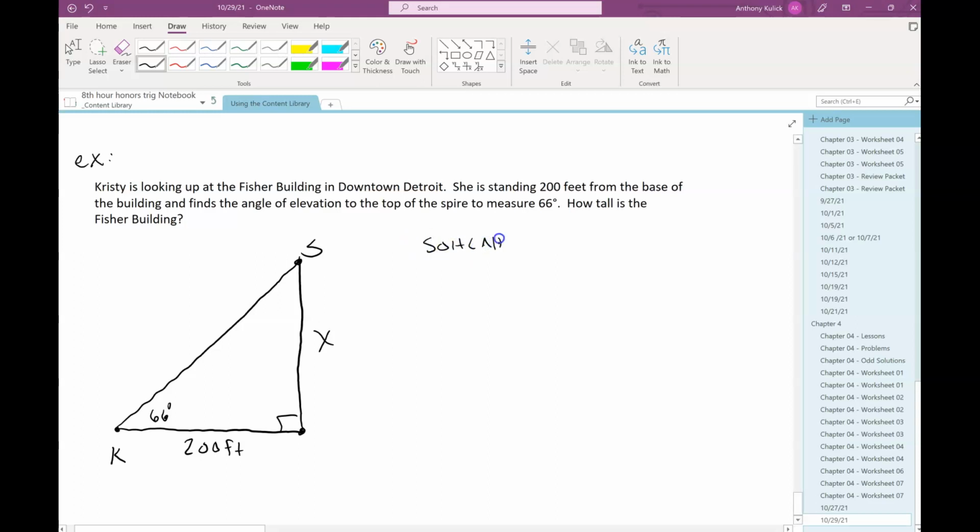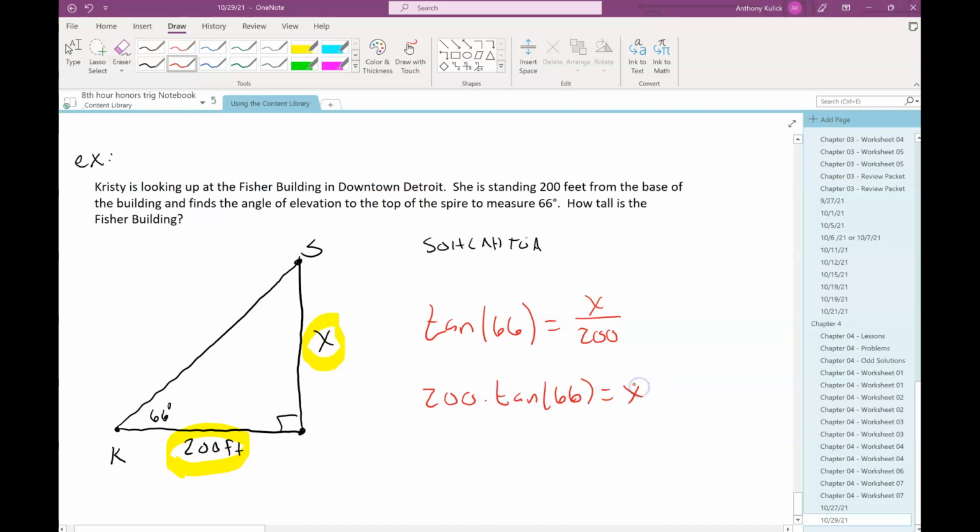Yeah, since it's a right triangle, I can just use SOHCAHTOA. So this is adjacent and opposite. I should be using tangent. So tan 66 is opposite over adjacent. Multiply both sides by 200. I have 200 times tan 66 should give me X.